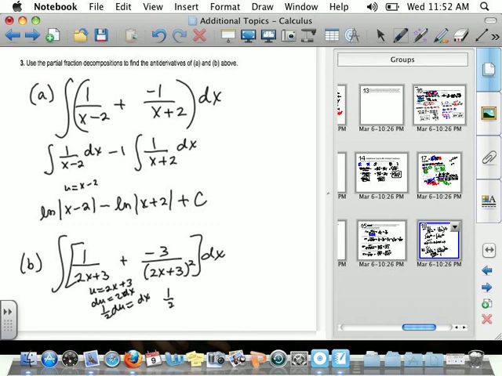You'd be integrating 1 over u again. So it'd be natural log of 2x plus 3. How about the next one? u would still be this. So you'd have the negative 3. You'd have 1 over u squared du.